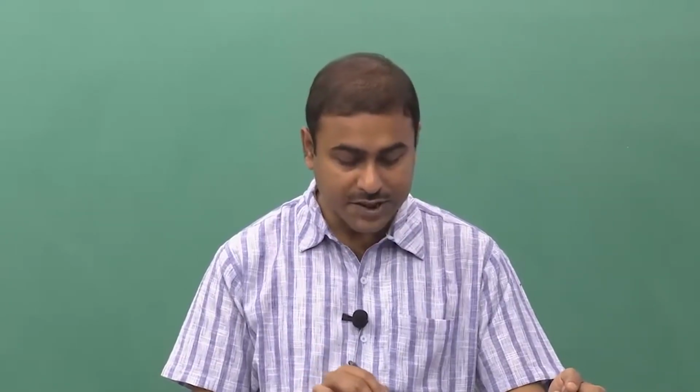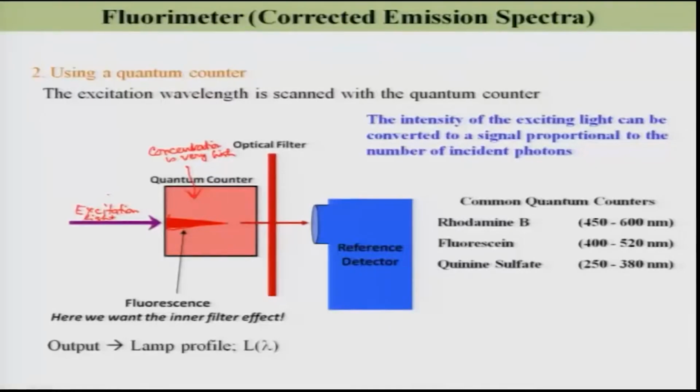Now, if you change the excitation light, if you scan the excitation light wavelength, that means lambda excitation, I am going to scan it. When I scan this excitation light, what is the allowed region of the scanning? The allowed region of the scanning is the same as the absorption spectra of the molecule that you have taken in this case.